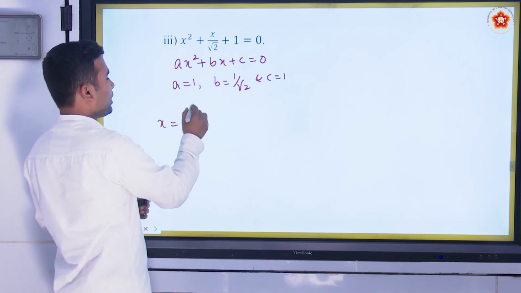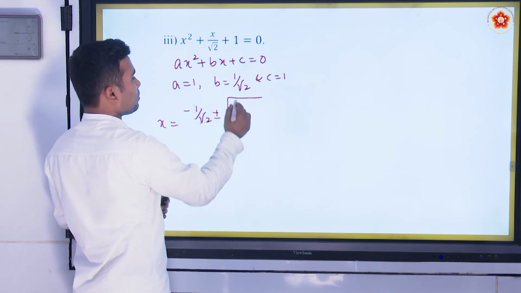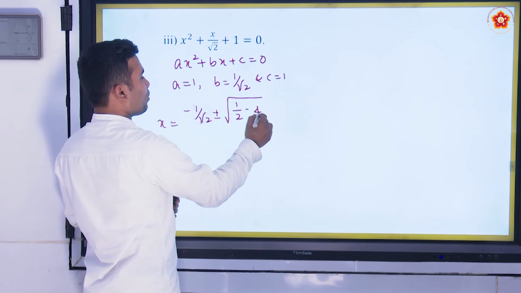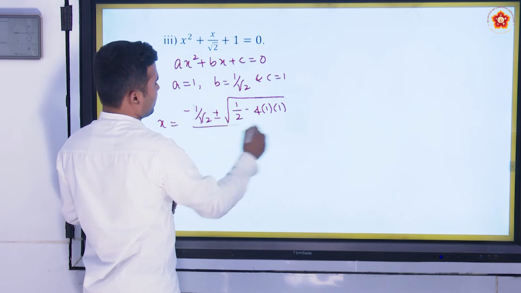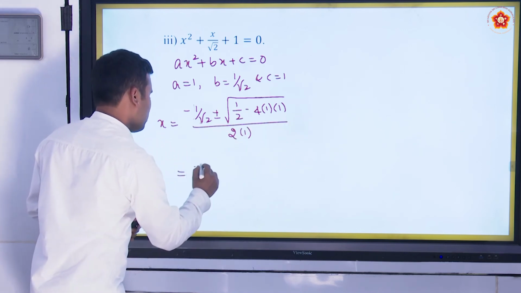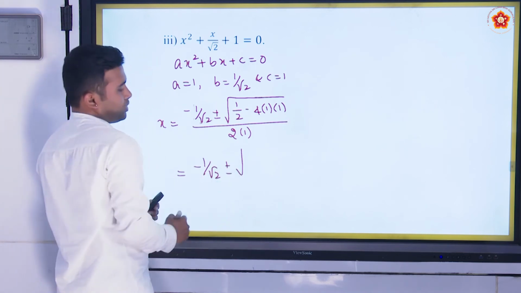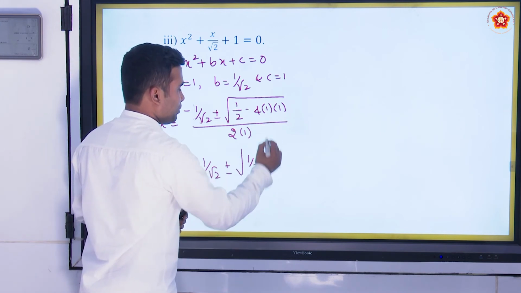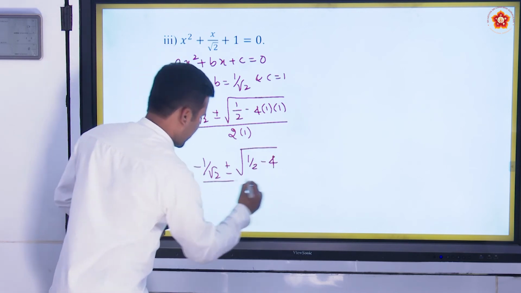x is equal to minus 1 by root 2 plus or minus square root of b square minus 4ac, which is 1 by 2 minus 4, a is 1 and c is 1, whole divided by 2 into 1. So, this is equal to minus 1 by root 2 plus or minus square root of 1 by 2 minus 4 into 1, which is 4, whole divided by 2.